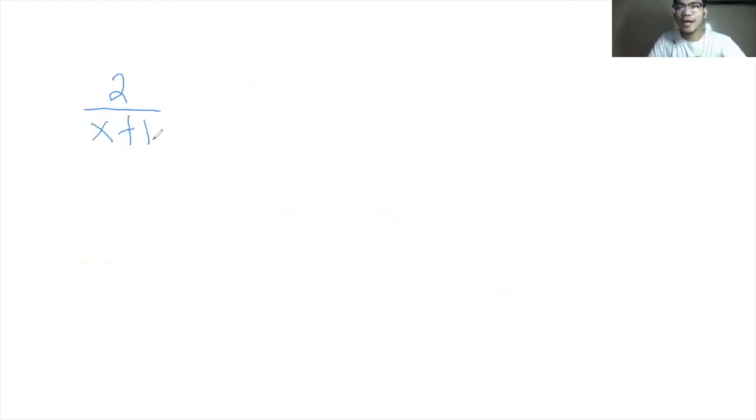Okay, so let's have this expression. We have 2 over x plus 1. So 2 over x plus 1 is a rational expression because A here is equal to 2 and B is equal to x plus 1. Okay, but what will make this expression undefined? Take note that we only need to check on the denominator because, as we said, the numerator can be 0, so it's okay.